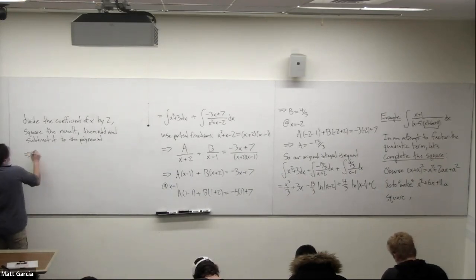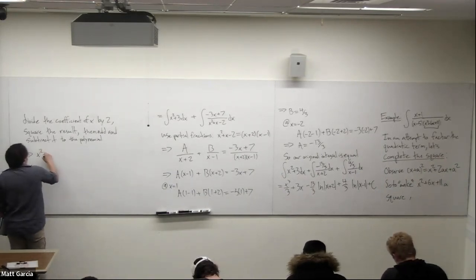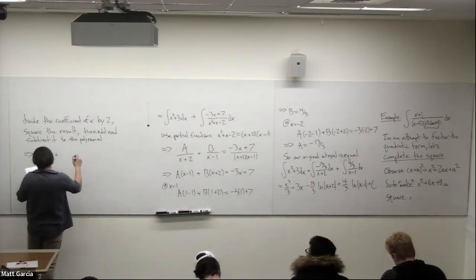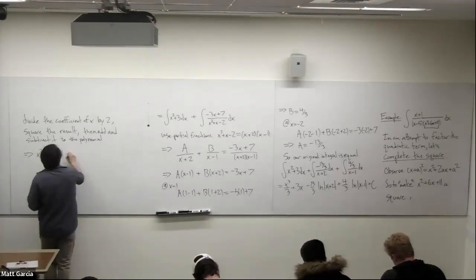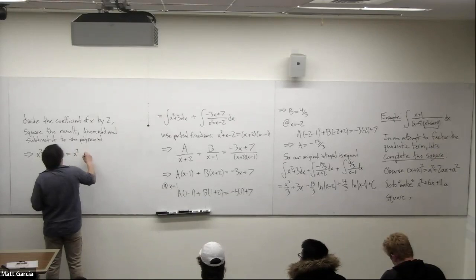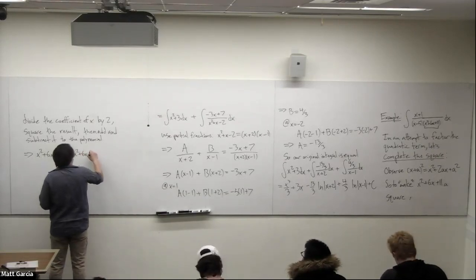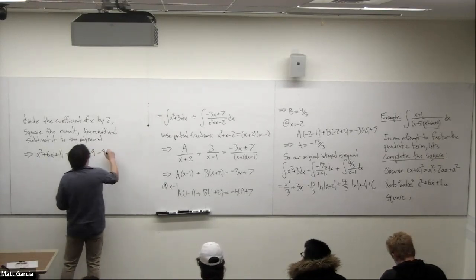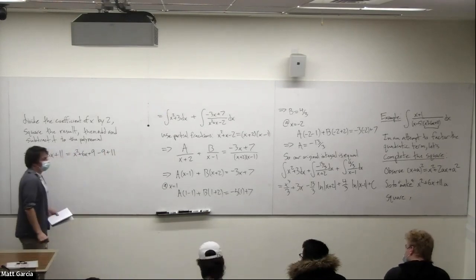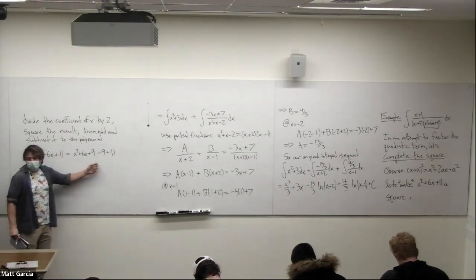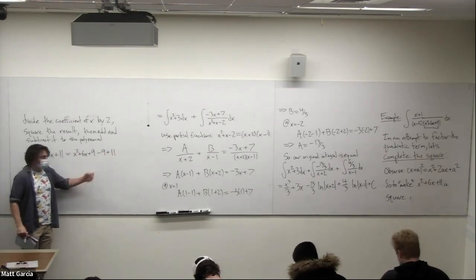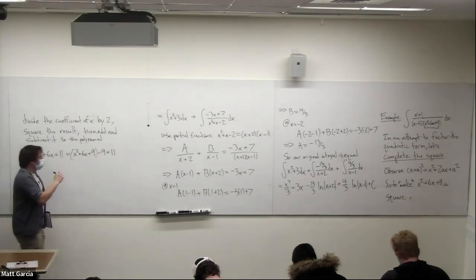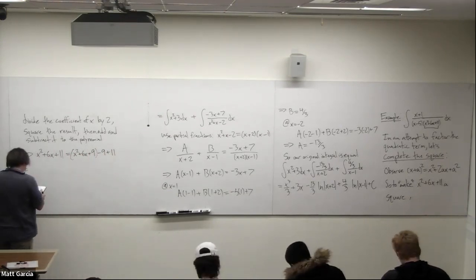Okay, so this implies altogether that x squared plus 6x plus 11 is equal to x squared plus 6x plus 9 minus 9 plus 11. And I've added 0 in a clever way here, so that this is a square, right? Okay.